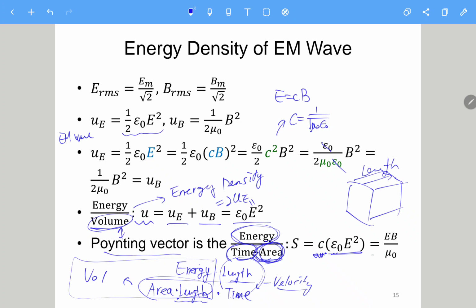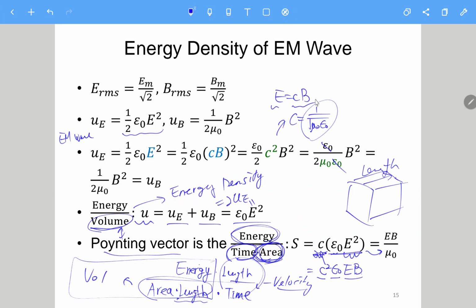So how can we change this to the Poynting vector form? Here we have E squared, and E is CB, which means E squared will be E times B times C. We also have a C in the front, so we have C squared epsilon naught EB.